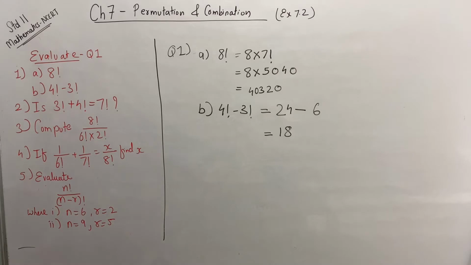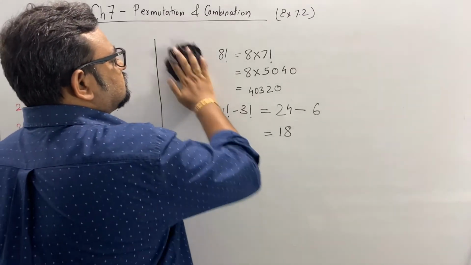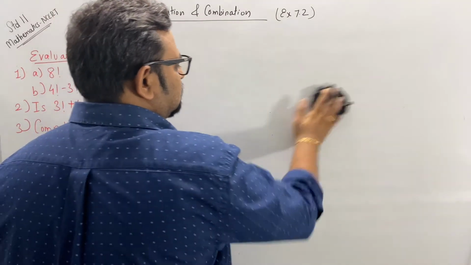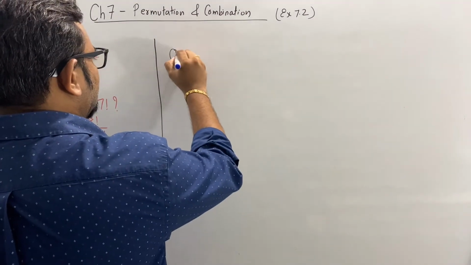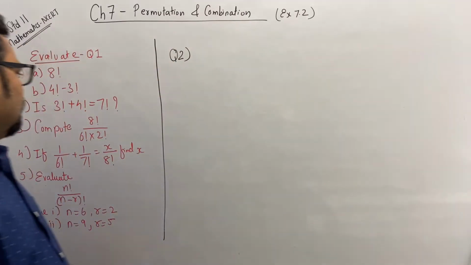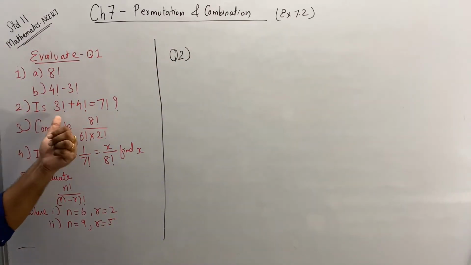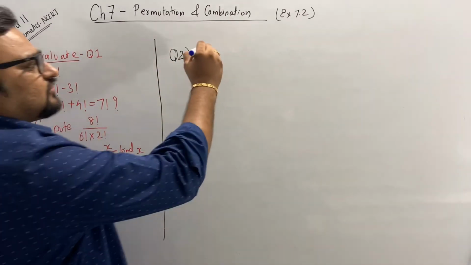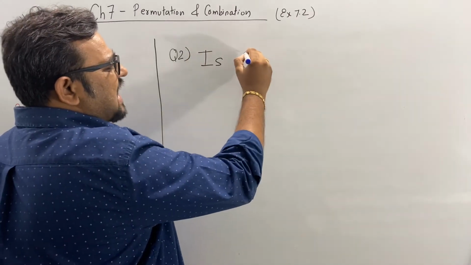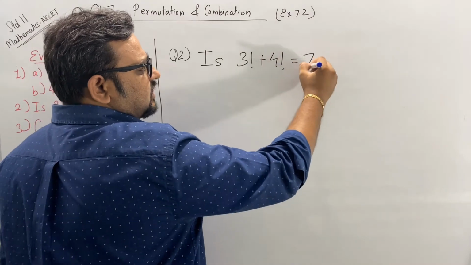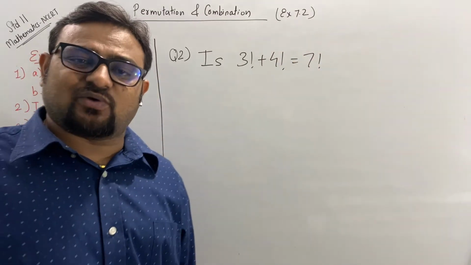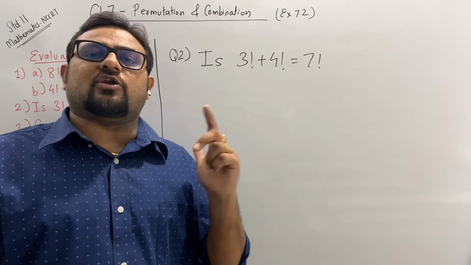Okay, let's move to the next one. Question 2. Is 3 factorial plus 4 factorial equal to 7 factorial? Now you are asked, you don't have to prove it. You are being asked whether this is true or not.